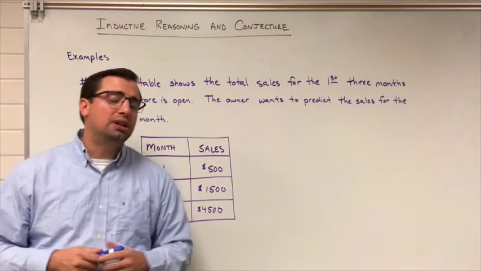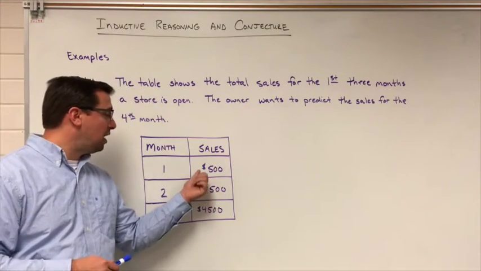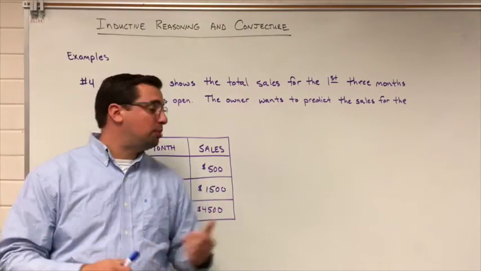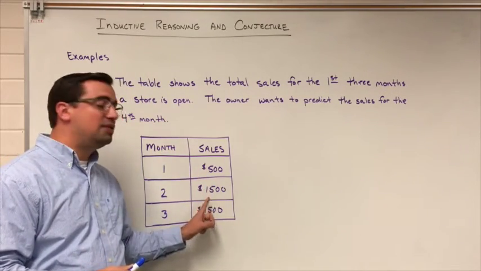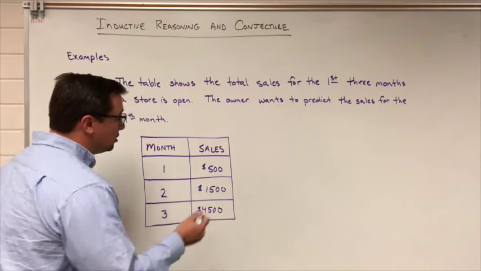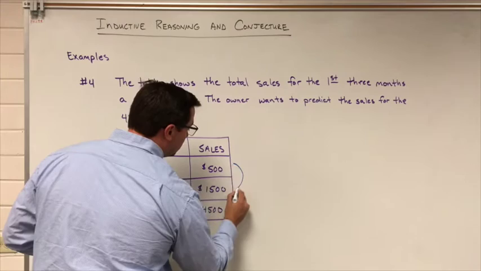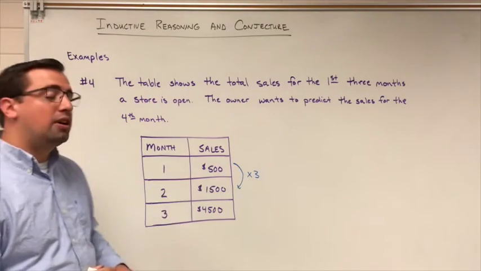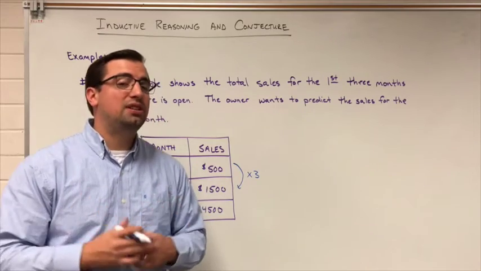But what about multiplication? Let's take a look at from 500 to 1500. What do I multiply 500 by to get 1500? Hopefully you said 3. So if I multiply 500 by 3, that would explain the increase from 500 to 1500.